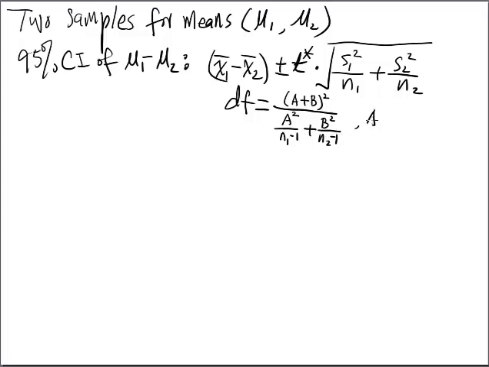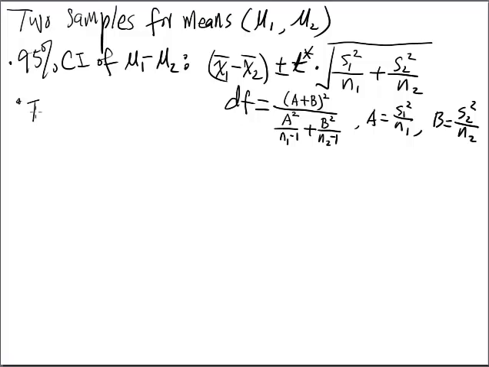Well, here A equals S1 squared over n1, B equals S2 squared over n2. So round the DF down to a whole number. Okay, t star should be found using the t table.